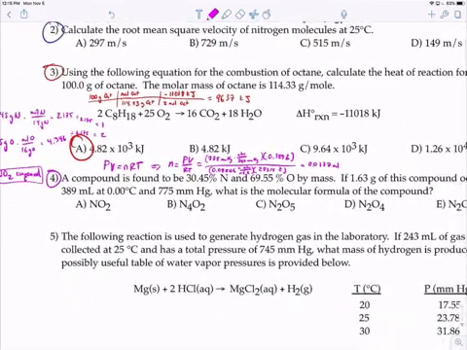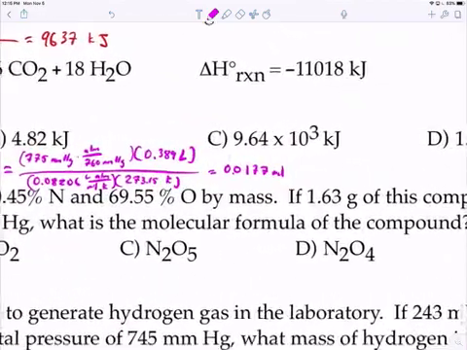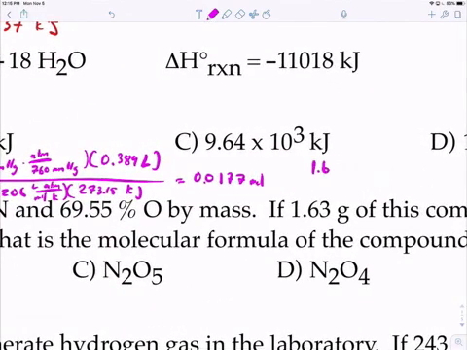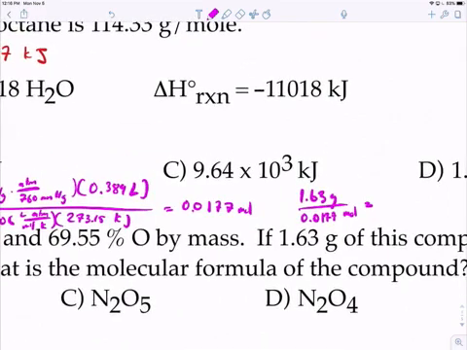And if we have 1.63 grams divided by 0.0177 moles, 1.63 divided by that answer, we get 92 grams per mole.